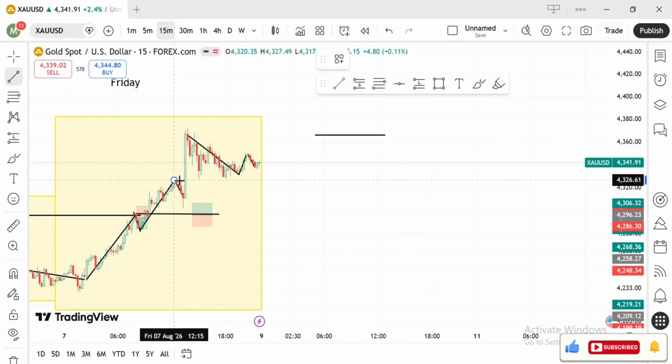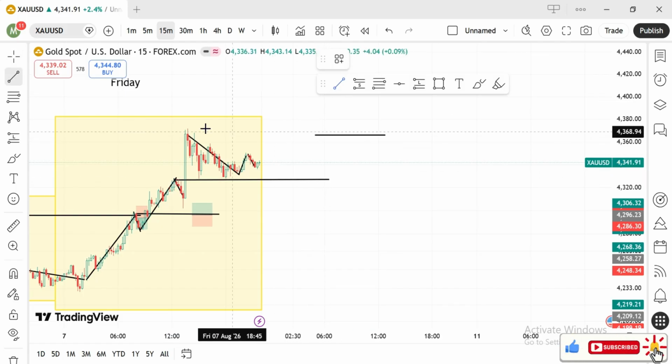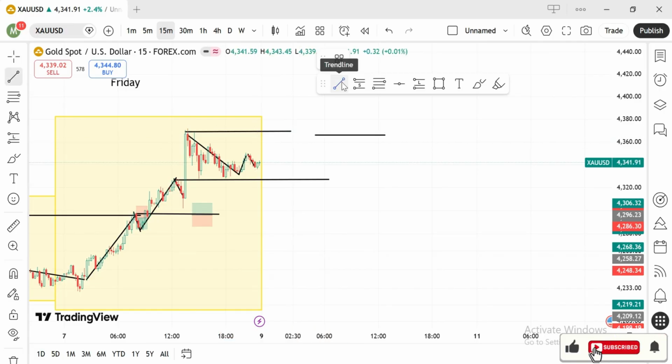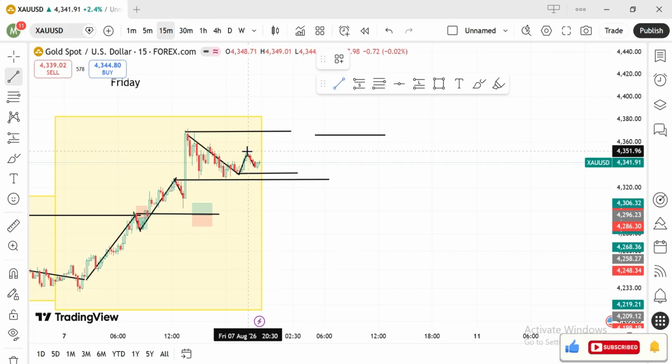Now as you can see, this is a valid resistance, a valid support over here. Then this as well is a valid support over here. Now this is a valid structure over here, and this is a valid structure over here.